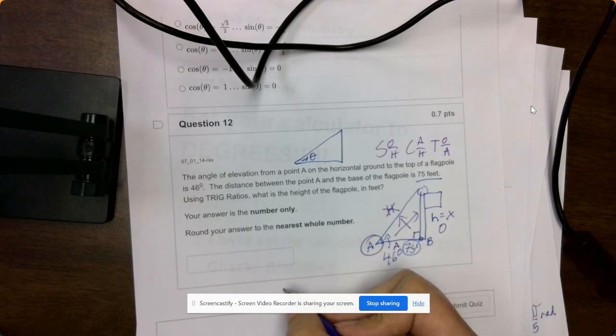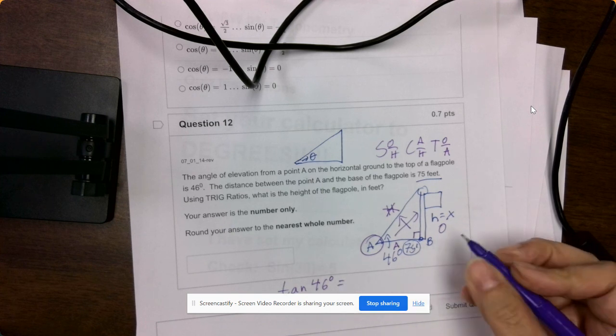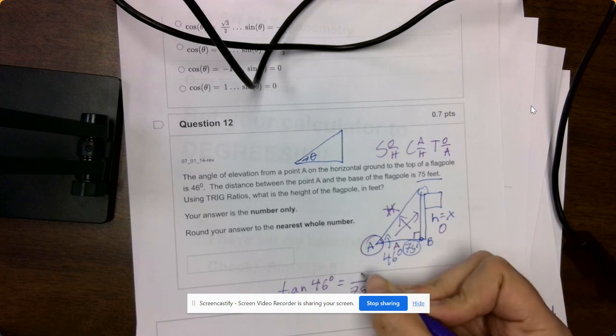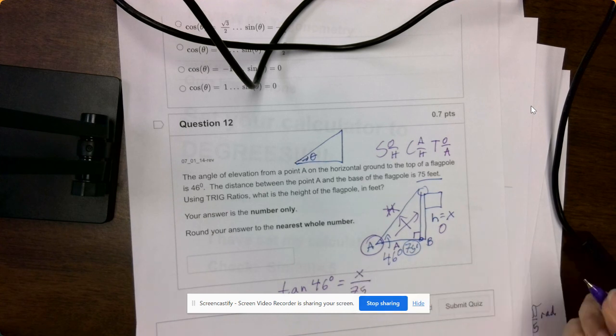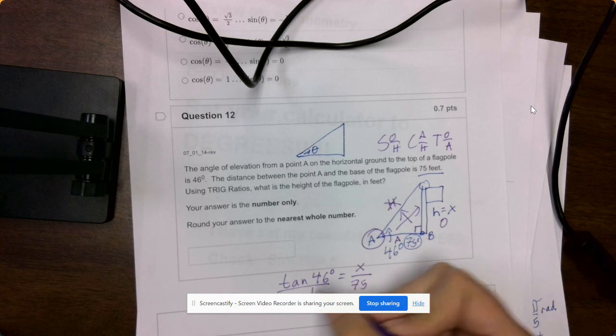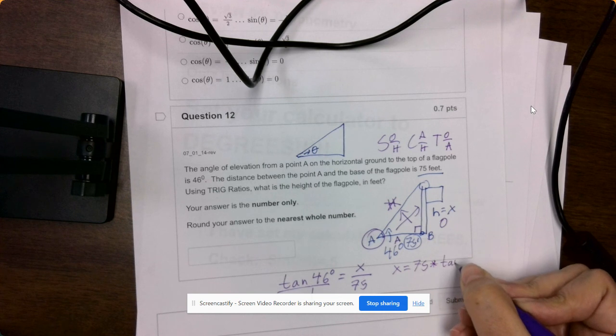So it's going to be the tangent of 46 degrees is equal to x over 75, or you can put a lowercase h for height, and then we're going to cross multiply. So we're going to have 75 times the tangent of 46.